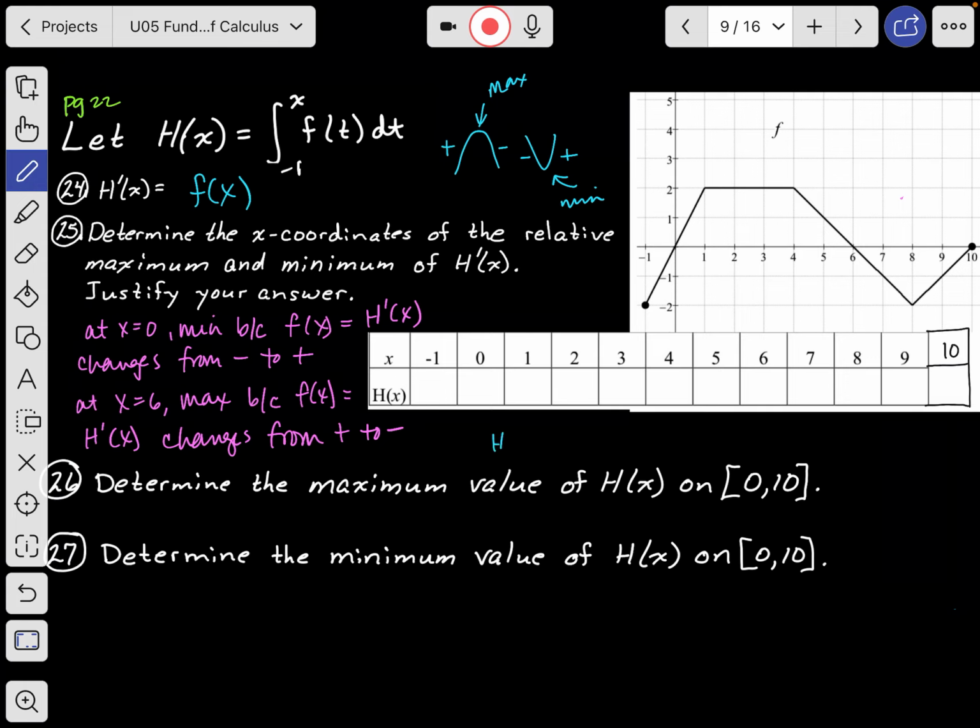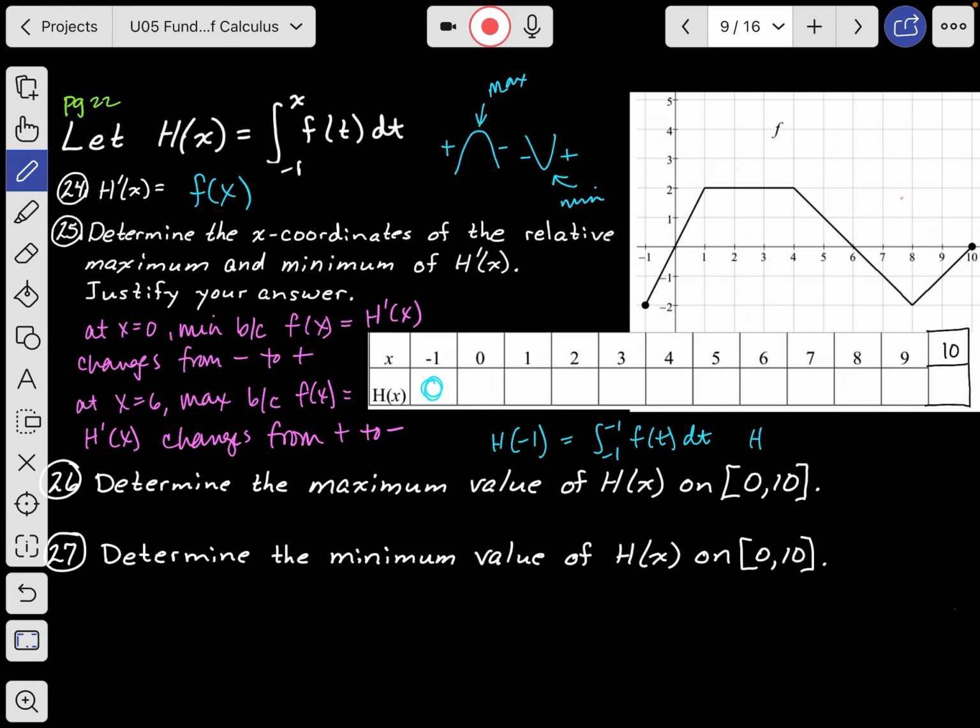So h of -1 would be the integral from -1 to -1 of f of t dt. Well, that's just 0. That is no value. When your upper and lower boundaries are the same, that's just 0.